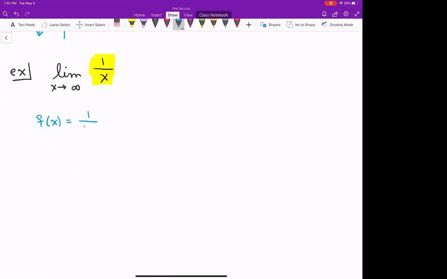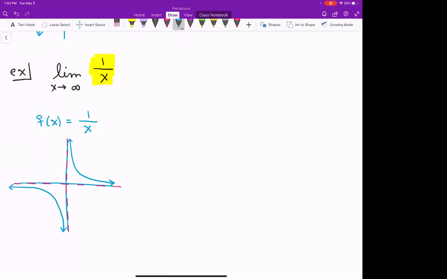And it's helpful to remember what those rational functions look like, especially the parent one. So you have a horizontal asymptote and you have a vertical asymptote. Your graph would look something kind of like this: the third quadrant and the first quadrant.